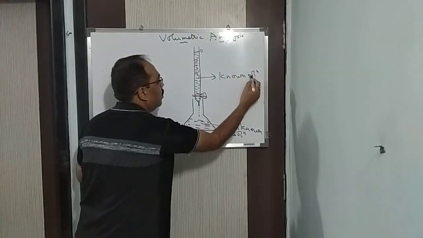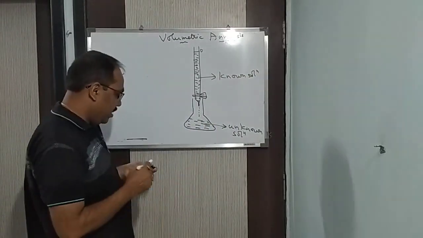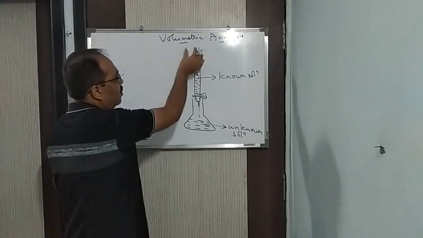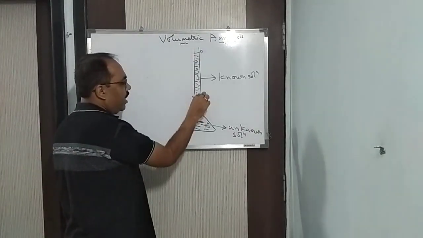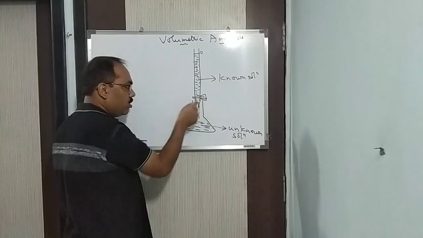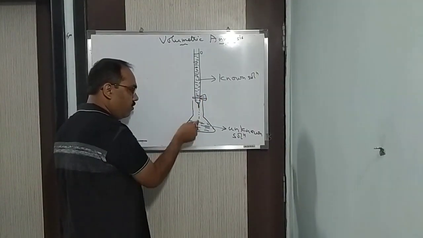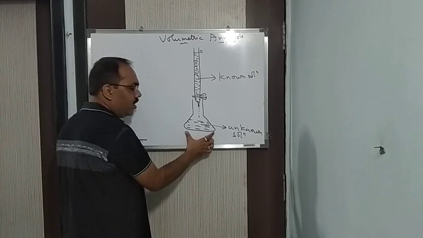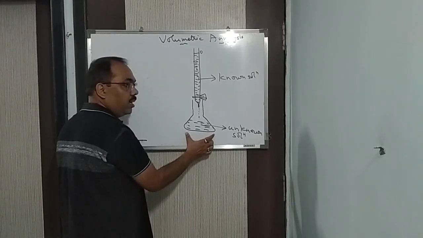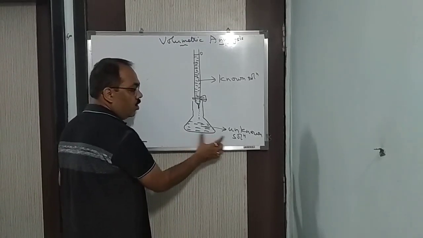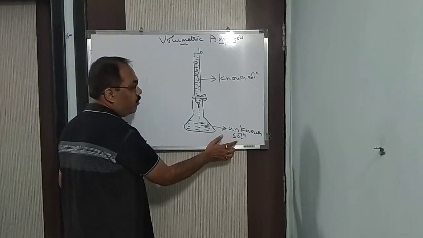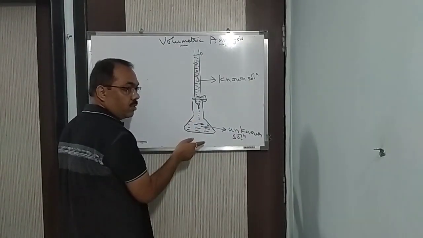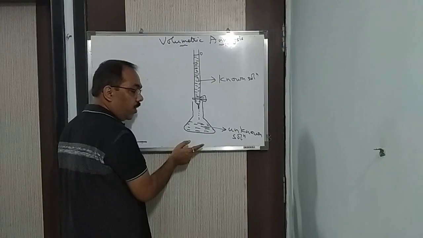You open the stopcock so that drop by drop the solution falls into the titration flask, which is a conical flask. The flask contains the unknown solution, whose concentration we determine by the process of titration.